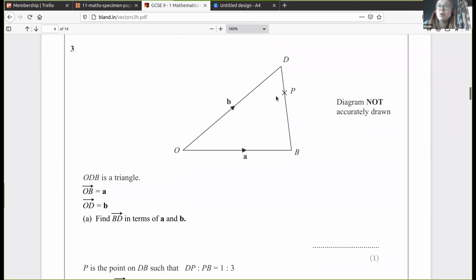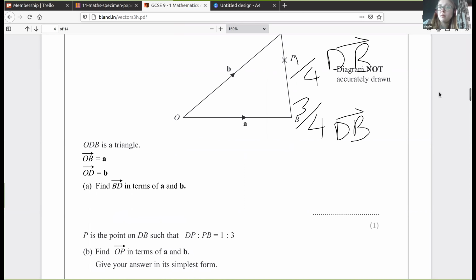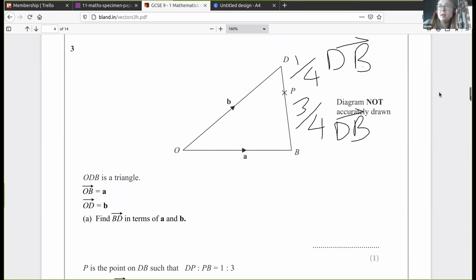Well, again, using the ratio, we can say that the section D to P is 1/4, because 1 plus 3 makes 4 parts in total, 1/4 of DB, and that would be 3/4 of DB. What did we want to work out? Oh, O to P.